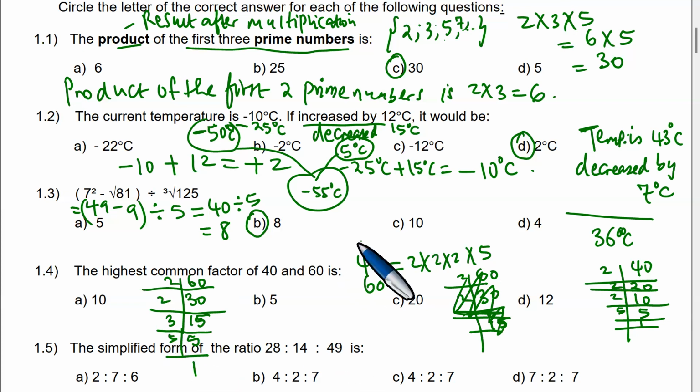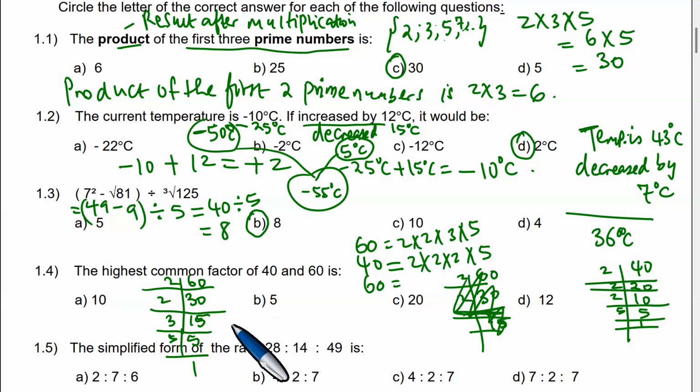You get 1. And that means the prime factors of 60 will become 2 by 2 by 3 by 5. 2 by 2 is 4, 3 by 5 is 15, and 4 by 15 is 60.